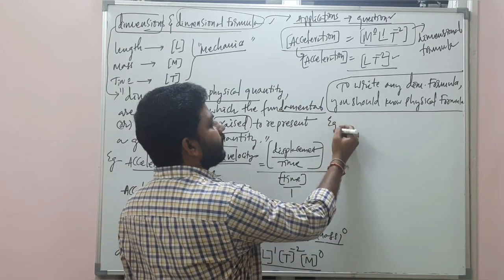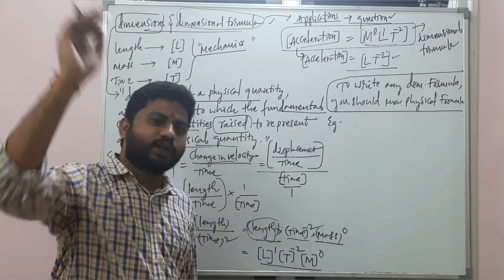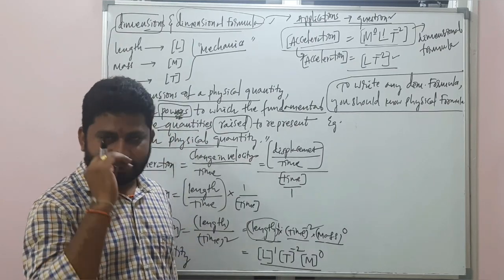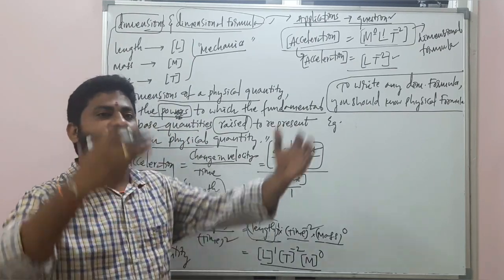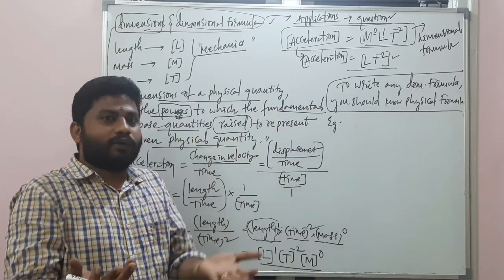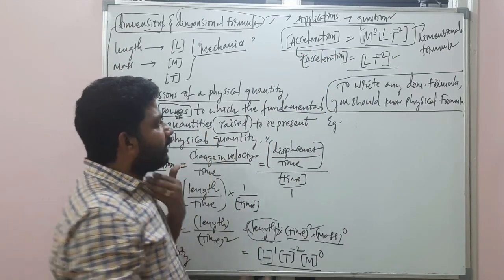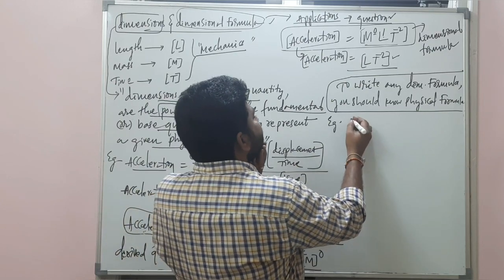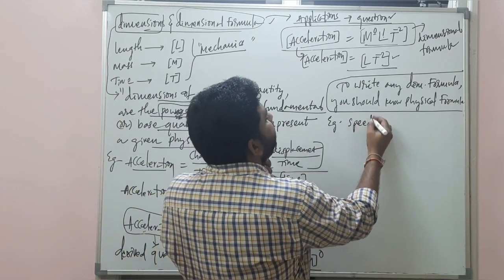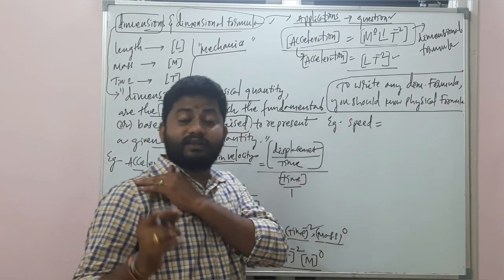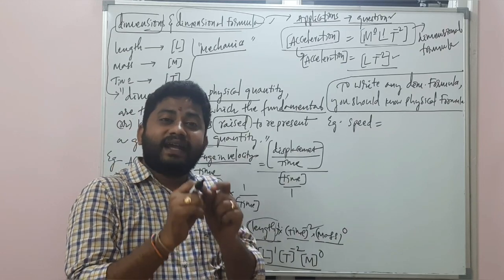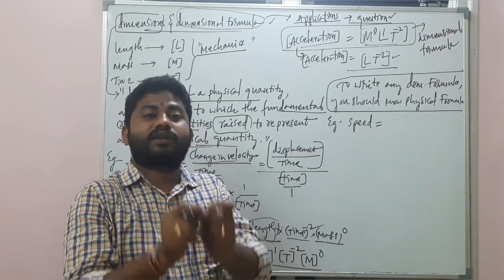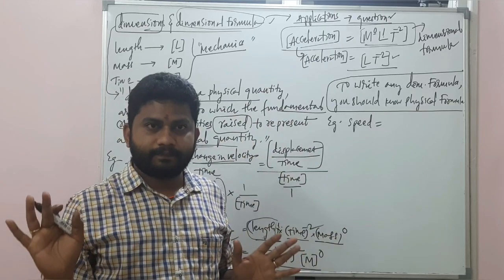For example, so many physical quantities we are going to write the dimensional formulas for here. First, let's take a simple one. The question is the dimensions, or the dimensional formula, of speed.